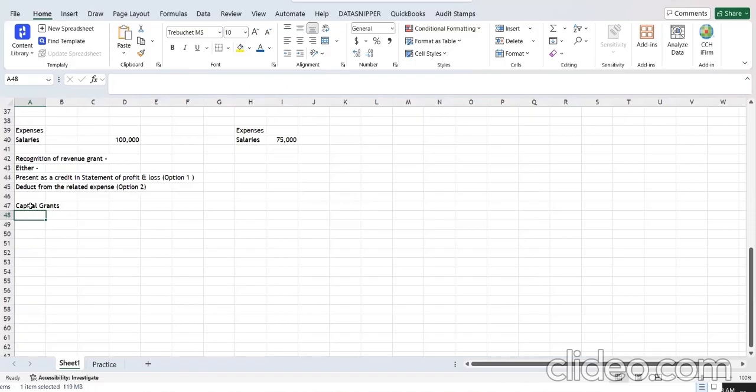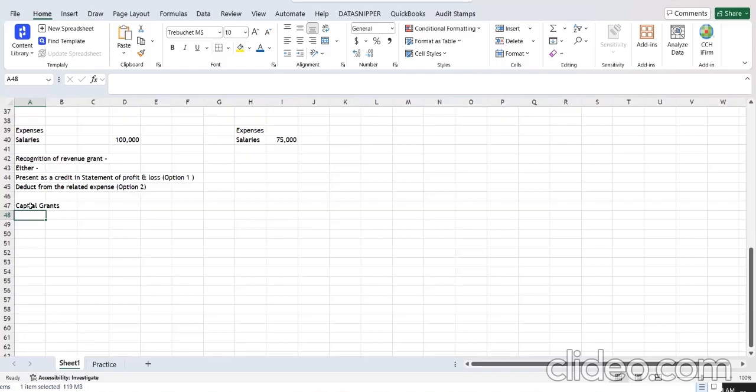It's not related to the salaries expense or your operating expenses or any expenses that would go to your statement of profit and loss, any expenses that would go to your income statement. No. So that is a revenue grant. If you're incurring expenditure and the nature of that expenditure is to go into the P&L, then that is a revenue grant, right?